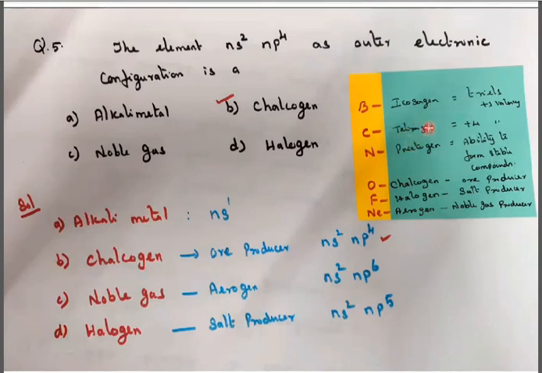Gen means producer, so icosagen means trivalency producer and tetragen means tetravalency producer. Pnictogen means stable compound producer. Chalcogen means ore producer. Halo means salt producer. Aero means noble gas producer.